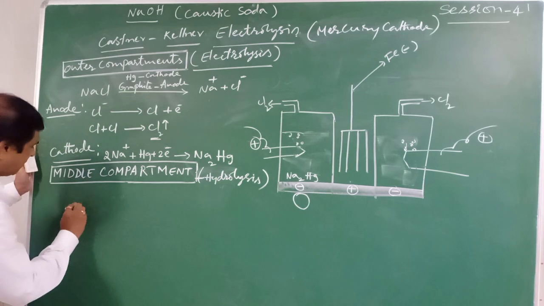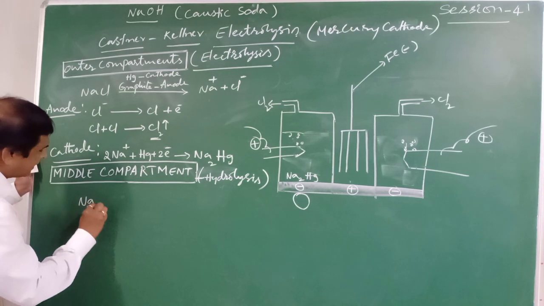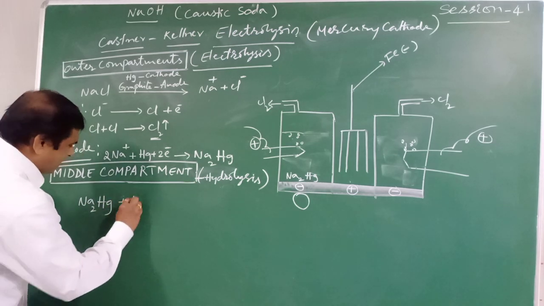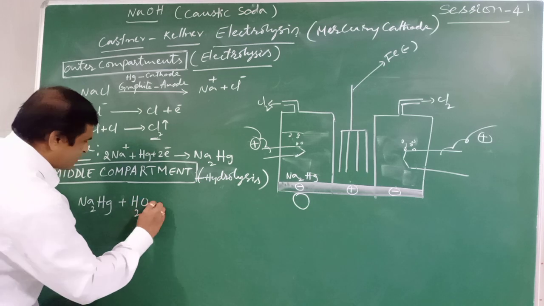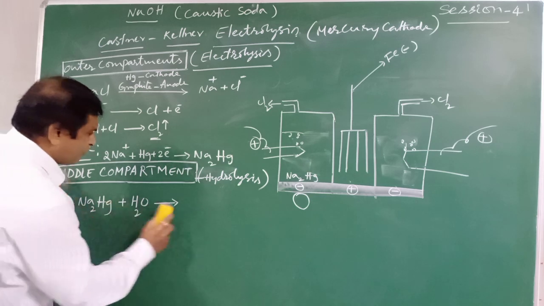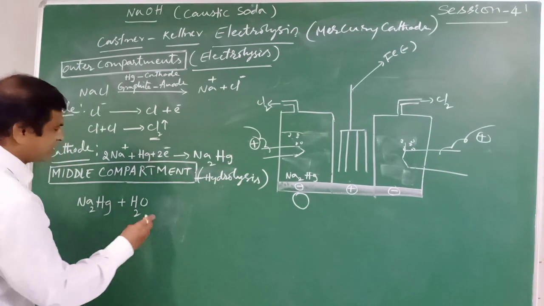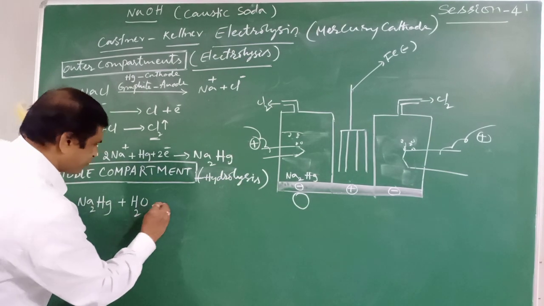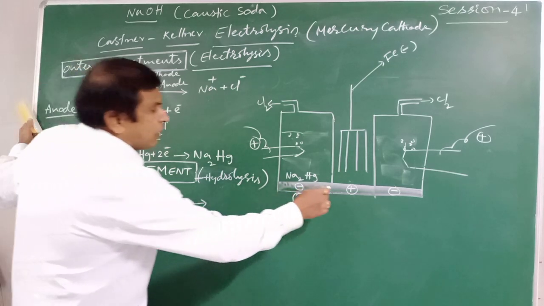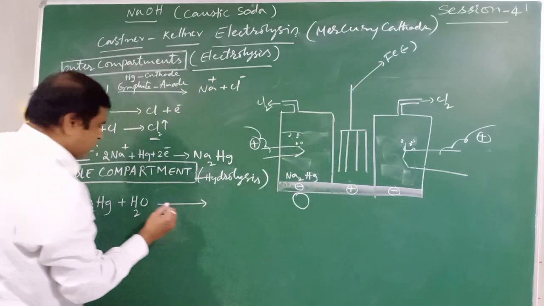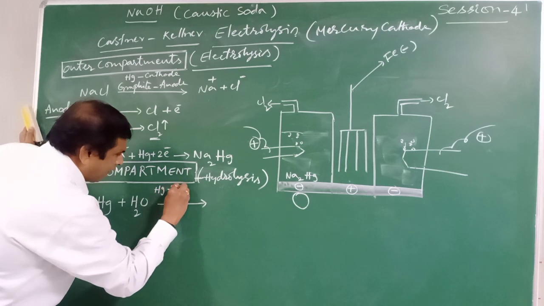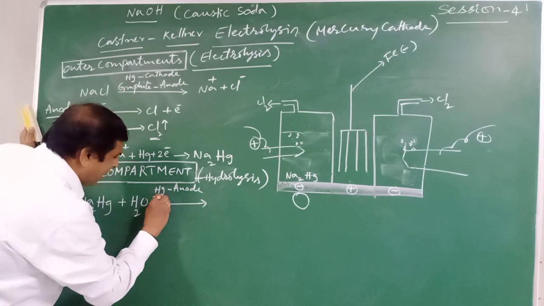In the middle compartment, sodium amalgam Na2Hg undergoes hydrolysis in presence of mercury anode and iron cathode. Mercury as anode and iron as cathode.